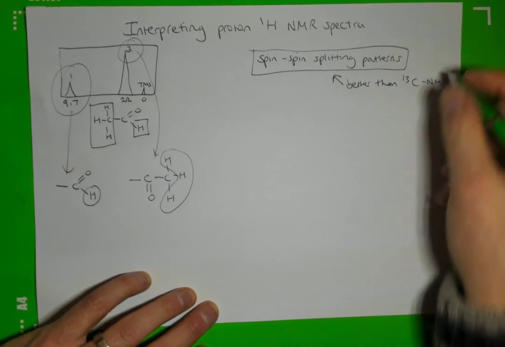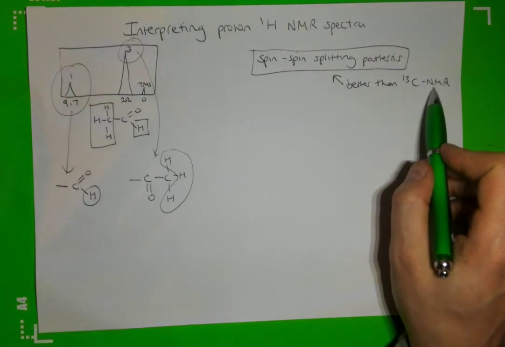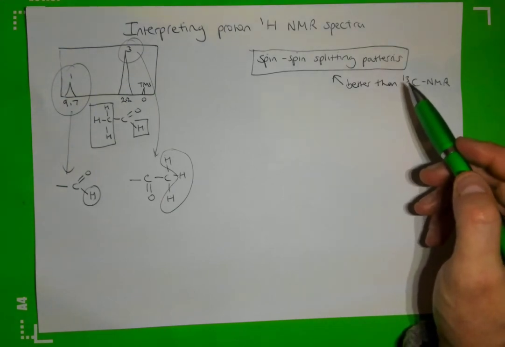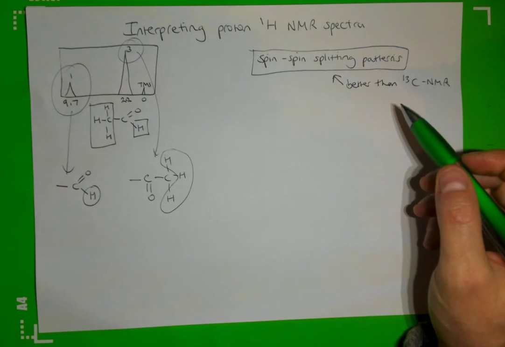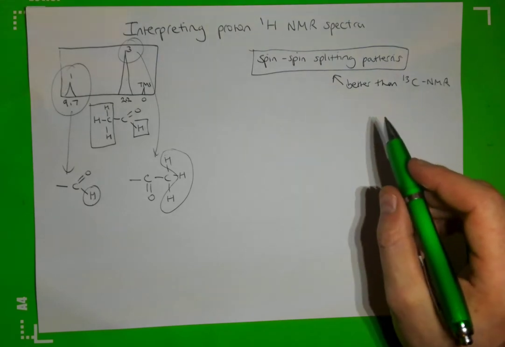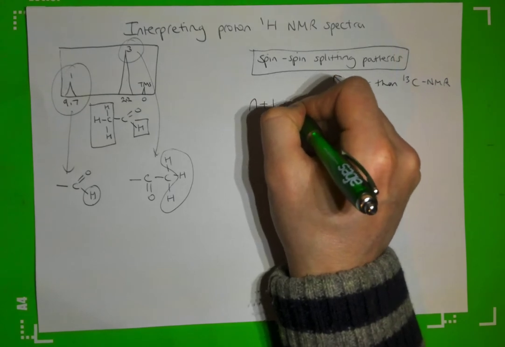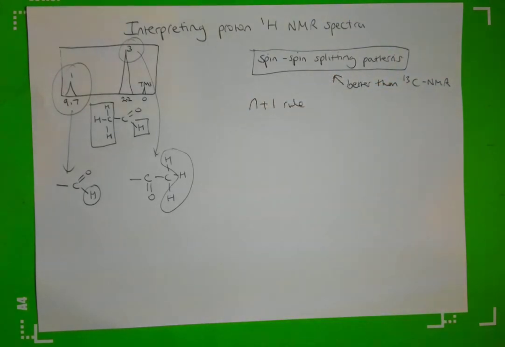Of course, carbon NMR gives information about carbons. Obviously, you don't get that from proton NMR. So often they're used together to work out the structure of a molecule. Okay, now there's something called the N+1 rule. Now I'm going to write down the N+1 rule and then we're going to apply it.